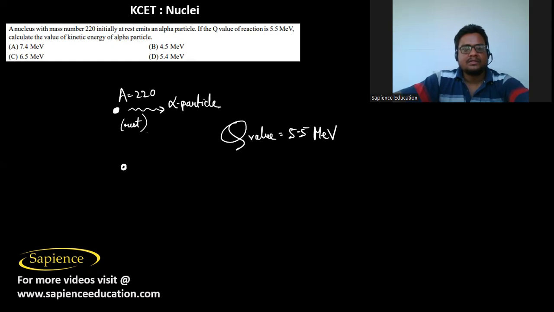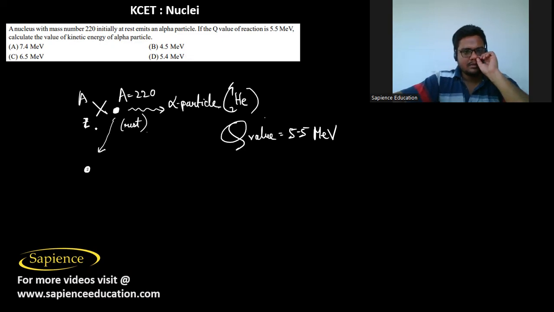So the nucleus is at rest. Then what will happen? It will disintegrate into an alpha particle, meaning He 2 4. So suppose it is having X with Z and A. The mass number is 220.